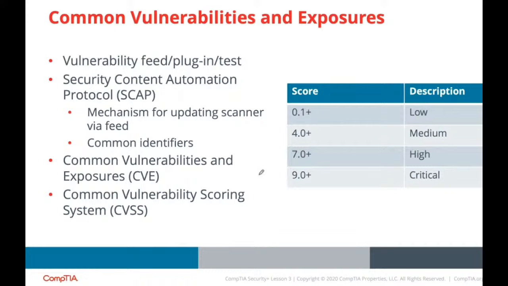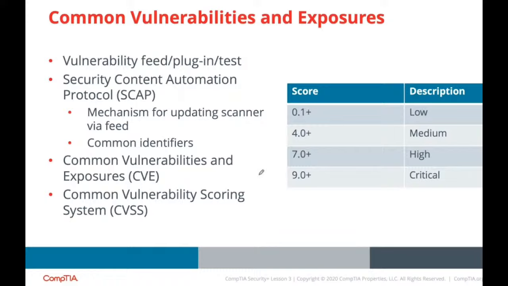SCAP defines ways to compare the actual configuration of a system to a target secure baseline with various systems of common identifiers. These identifiers supply a standard means for different products to refer to a vulnerability or platform consistently. That is known as CVE, the common vulnerabilities and exposures, basically a dictionary of vulnerabilities in published operating systems and application software, defined by MITRE.